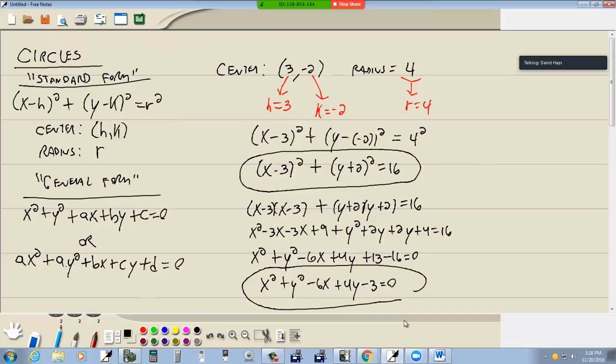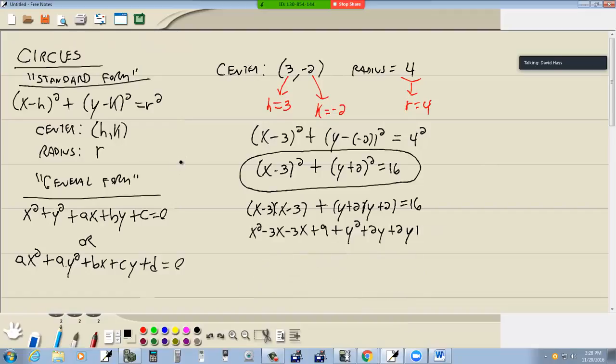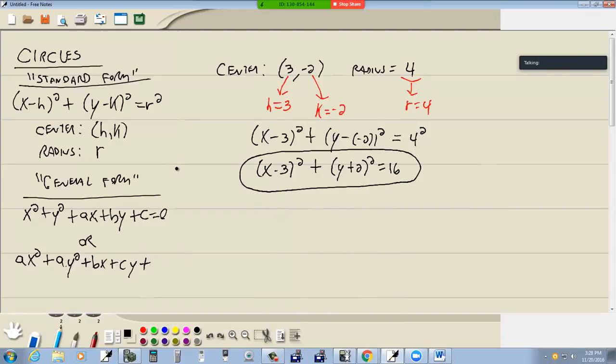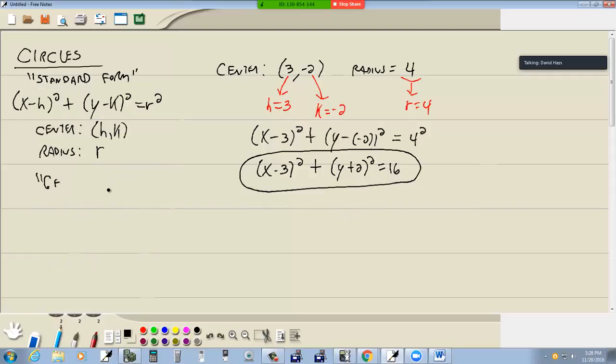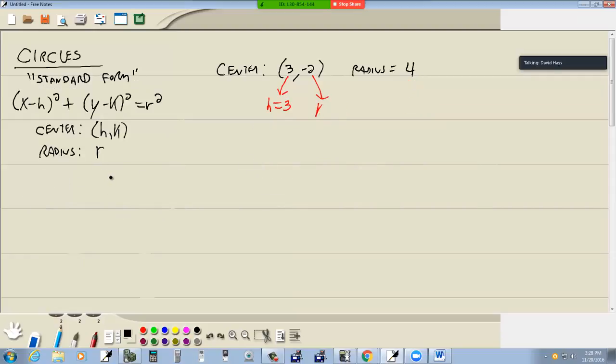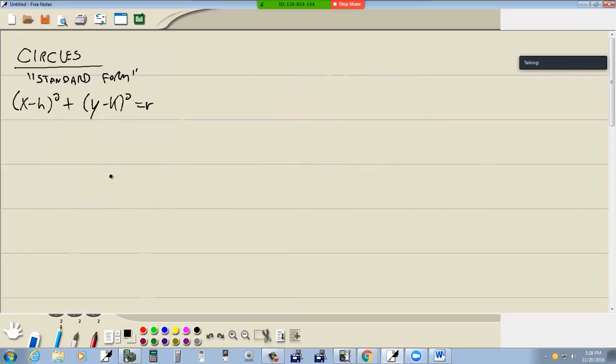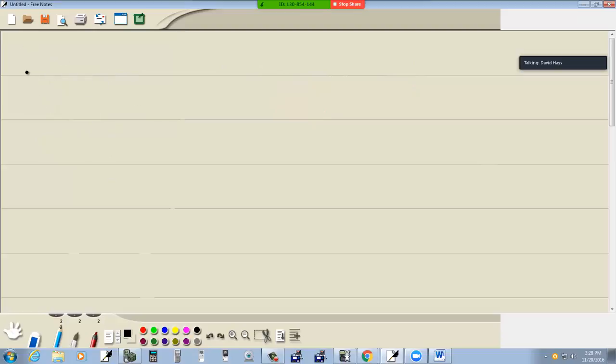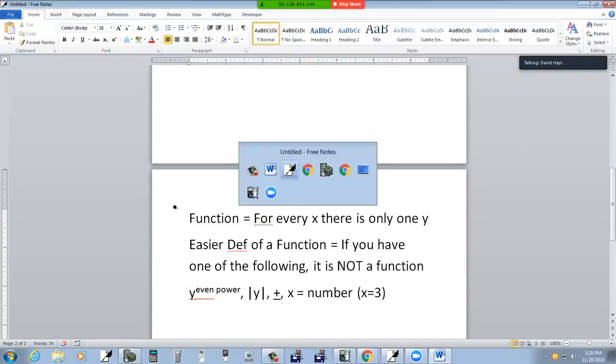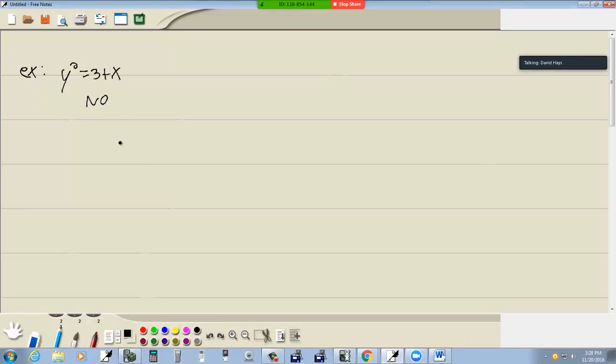So if I had a problem, let me clear this off. If I had a problem look like this: y squared is equal to 3 plus x. And the question is whether it's a function or not. The fact that it has y to an even power means the answer here is no, it's not a function.